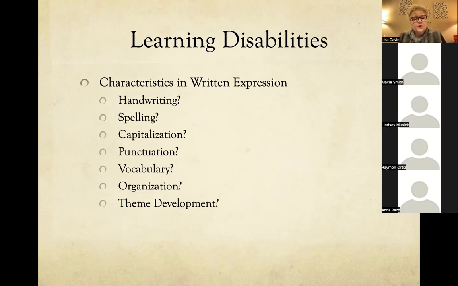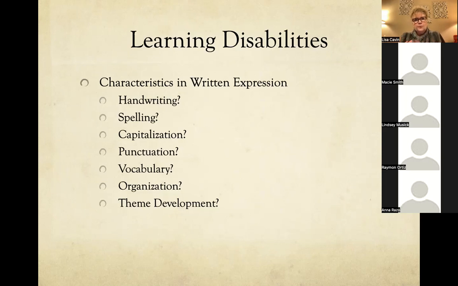We're looking more at the quality of the writing that a student does than what it looks like on paper. So we usually don't look at handwriting, and we don't look at spelling. Sometimes we don't look at things like capitalization and punctuation. We're looking more at the quality of what a child puts on paper.